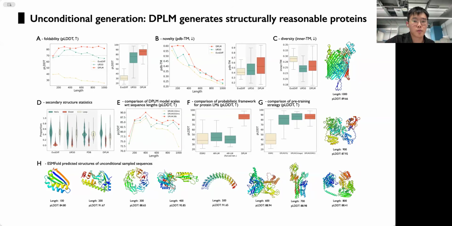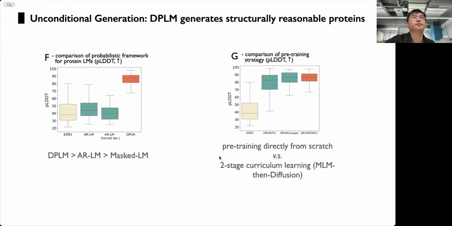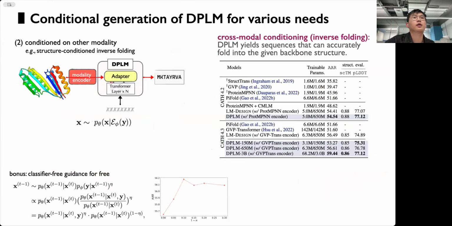And can you elaborate a bit more on the adapter module? How do you use it to condition the generation? Yes. So we place the adapter on the very top of our model, and it takes as input the sequence representation of the current step. It also has a cross attention mechanism to fetch information from the modality encoder, for example, the structure encoder.